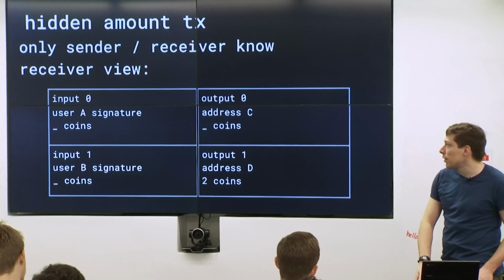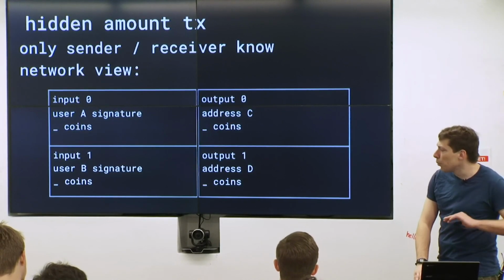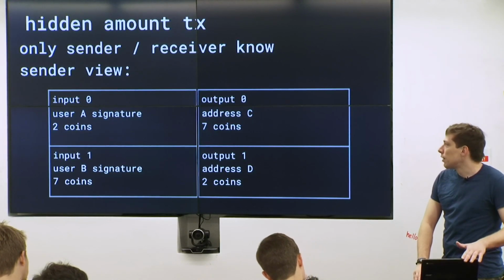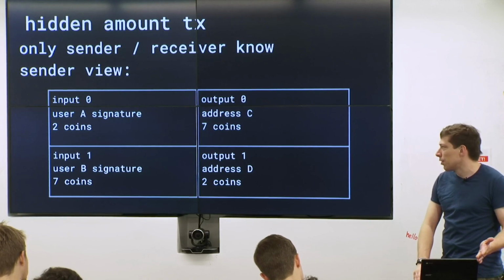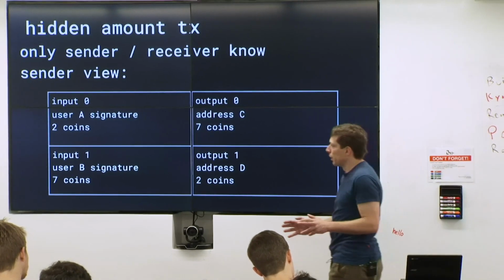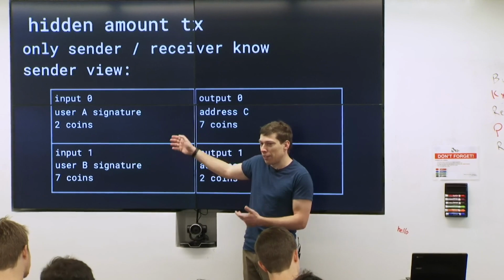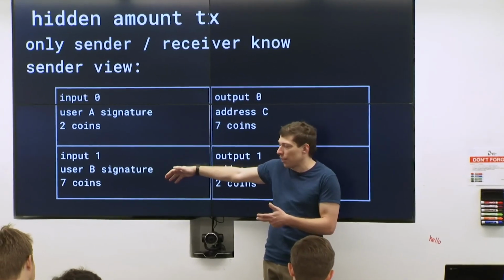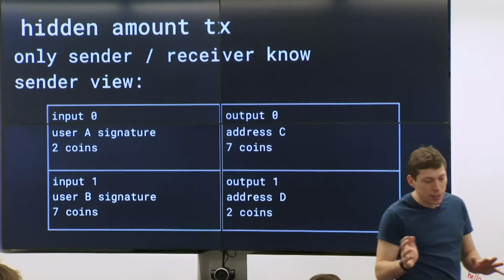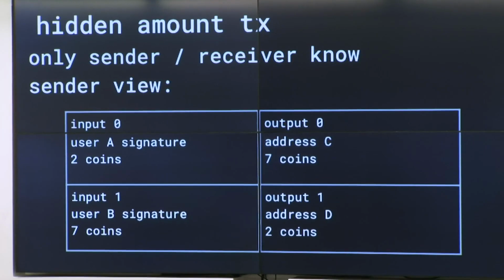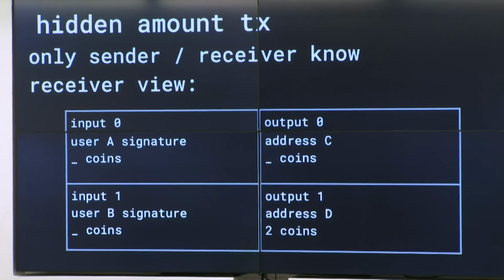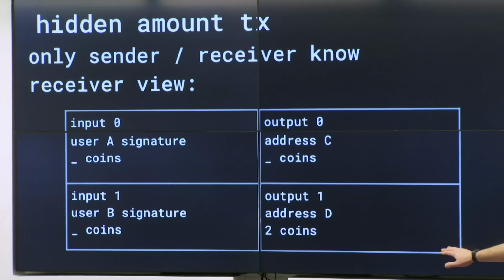So what we want is a system where the network doesn't see any of the amounts. The sender presumably sees all of it. Now, there could be cases where there are multiple senders, right? And there are 2 people working together to make a transaction, and maybe we don't see each other's inputs. But we'll keep it simple for now, where there's a single sender. And then the receiver only sees their own output. So that would be a really powerful system.